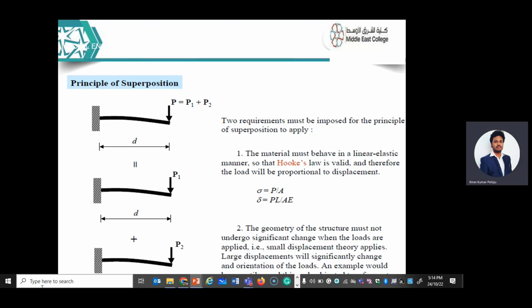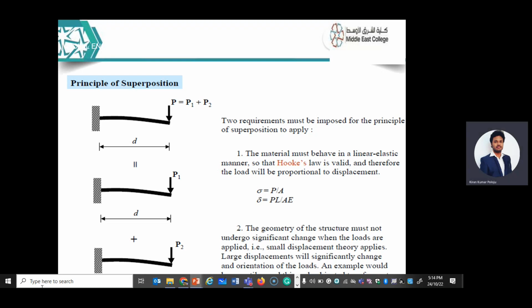If there is any load acting on a beam or any material, if you remove it, it will come back to the original position only as long as it is in the elastic limit. If you keep on applying the load, it enters into the plastic zone and will not regain its shape. And if you still apply the load, it goes to the yield point, that is the ultimate stress.